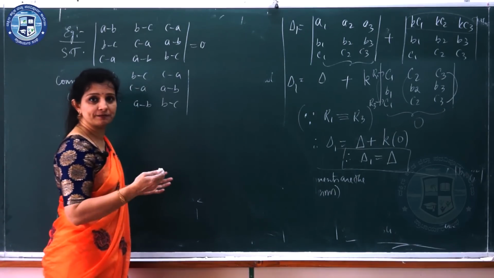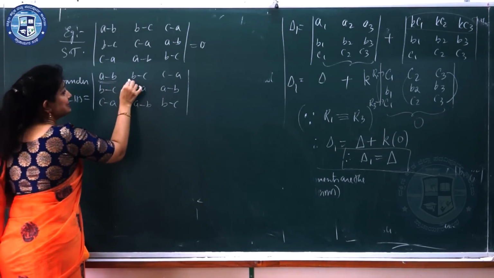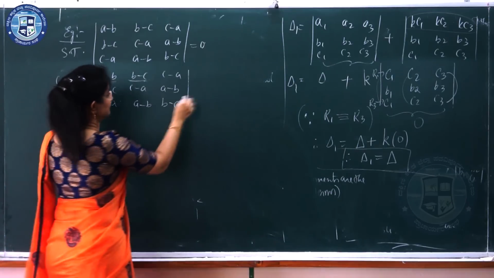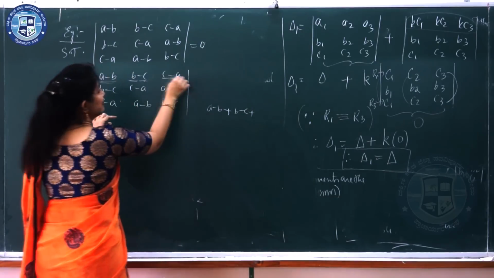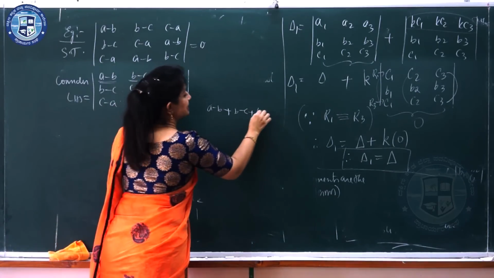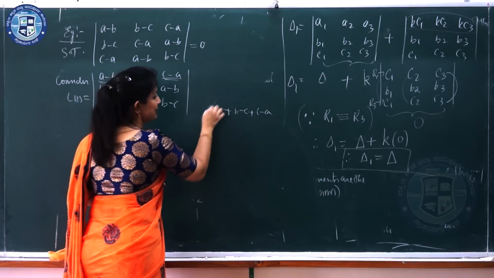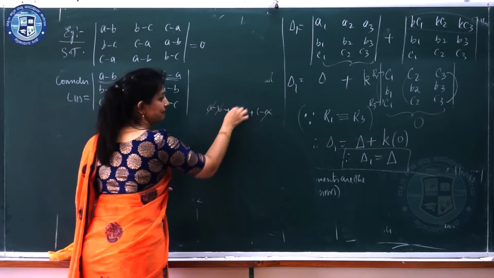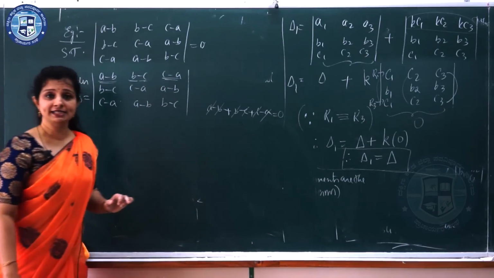Now, is it possible to get zeros while adding rows or columns? If you add A minus B plus B minus C, plus this one also, C minus A, what will happen? When you add these all up, A minus A, plus B minus B, plus C minus C, everything is cancelled, so you will get 0.